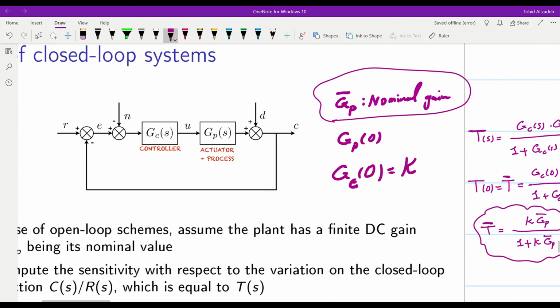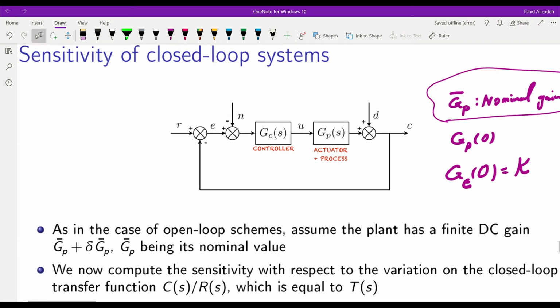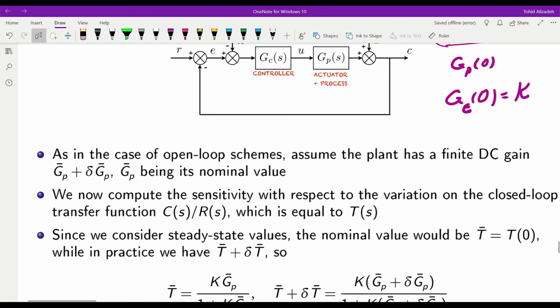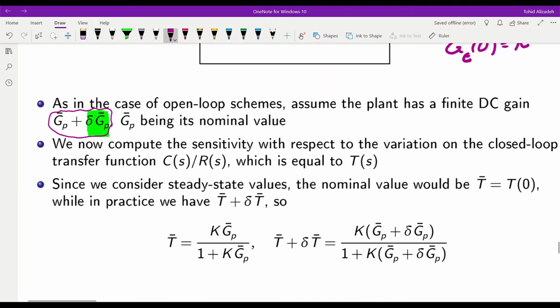Now we assume that the actual value for the DC gain of the process changes by delta GP bar. So the actual DC gain of the plant becomes GP bar plus this delta GP bar. And this will, as a result, change the DC gain of the closed loop system. Yeah? And we can have a look at it again.